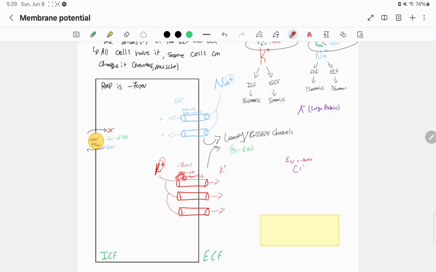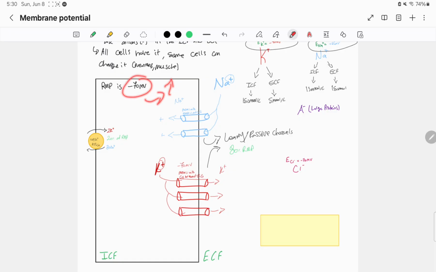At resting membrane potential, there is a steady state that exists, where the net amount of positive charges that come in equals the net amount of positive charges that go out. So you might be thinking, hey, if all this positive charge from the sodium leaky channel keeps coming in, wouldn't it just bring the membrane back up?